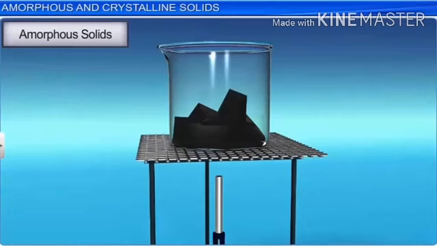Crystalline solids melt at a sharp and characteristic temperature, whereas amorphous solids gradually soften over a range of temperature. Another difference is that crystalline solids have a characteristic, definite geometrical shape, whereas amorphous solids have an irregular shape.